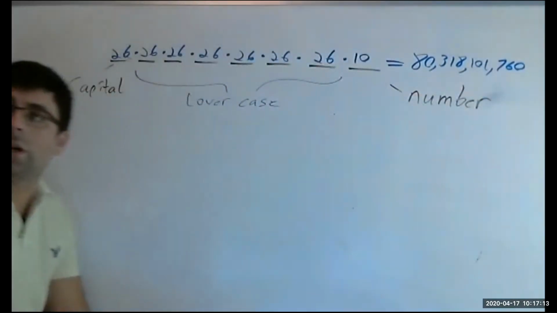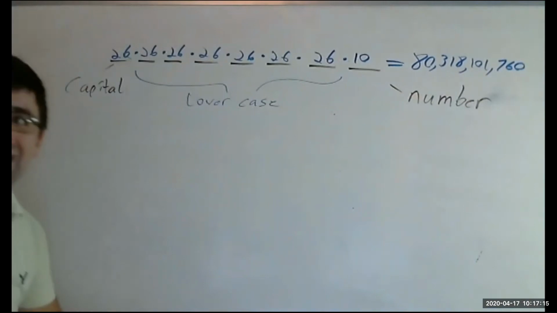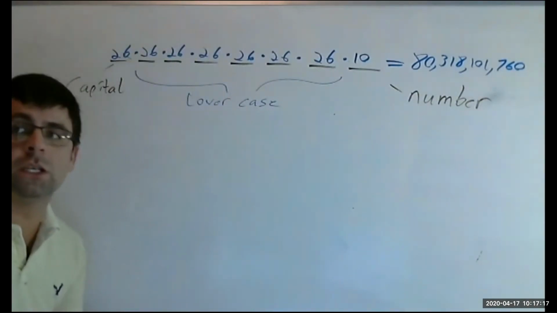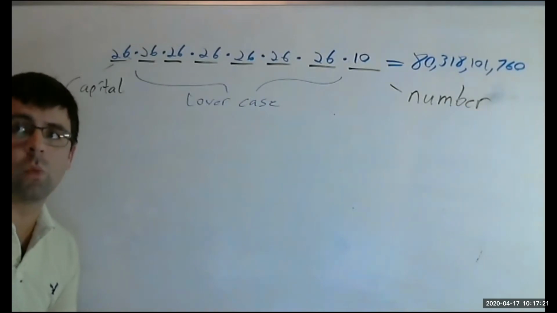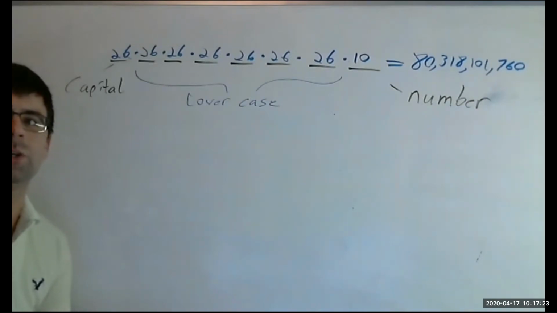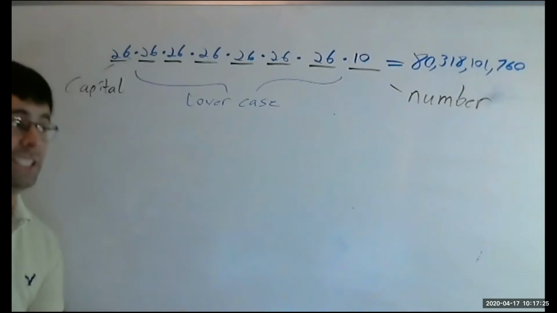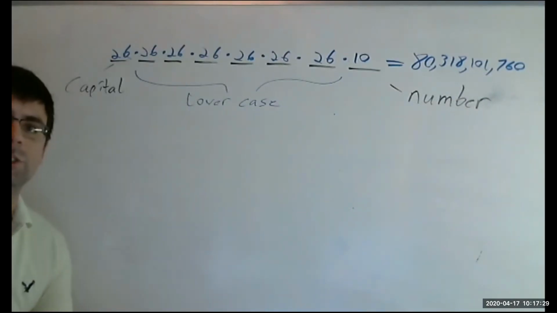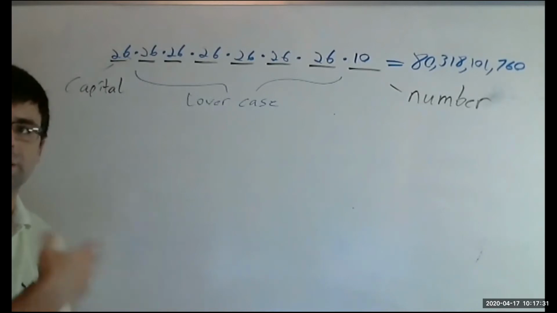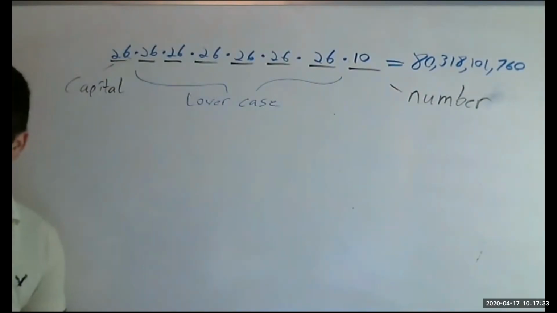So there are 80 billion 318,101,760 different password combinations that you could make from this 8-digit thing.